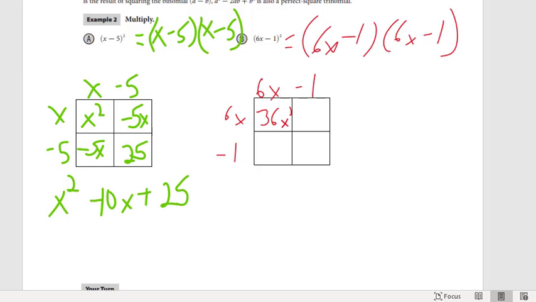Negative 1 times 6x is negative 6x. And negative 6x. And negative 1 times negative 1 is plus 1. All right, so write it out: 36x squared minus 12x plus 1. Negative 6 plus negative 6 makes it negative 12.